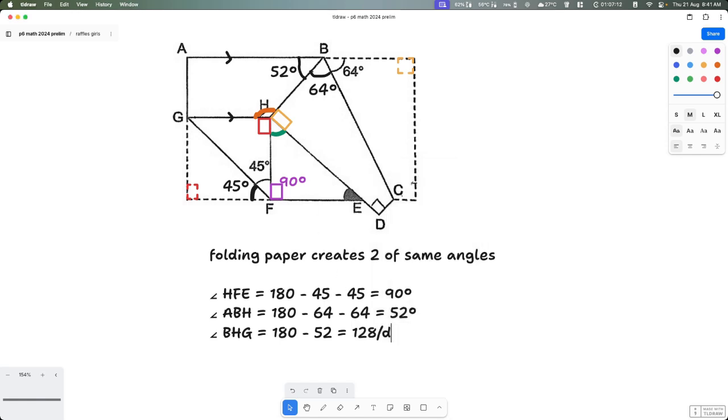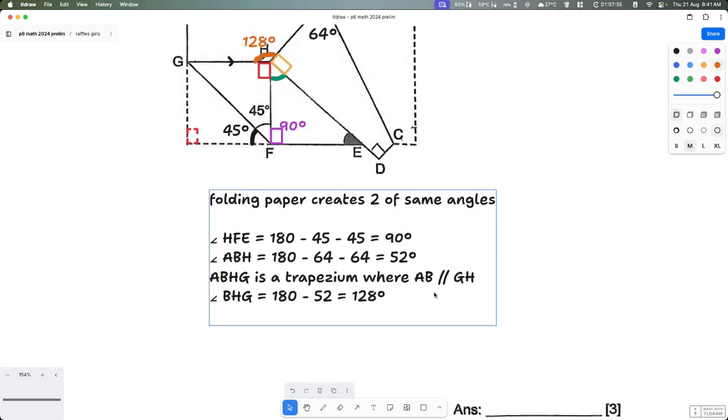So I'm just going to write here, ABHG is a trapezium, where AB is parallel to HG or GH, right? So BHG is this. Now we know that 128 degrees is this orange color over here.